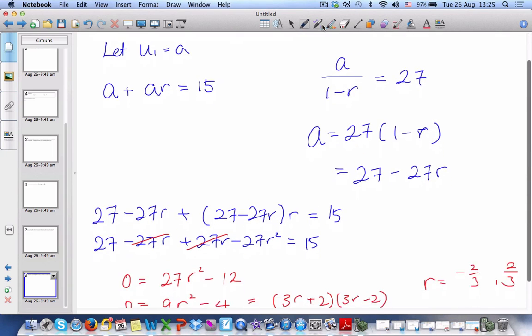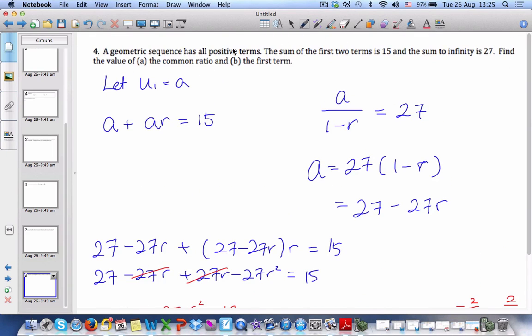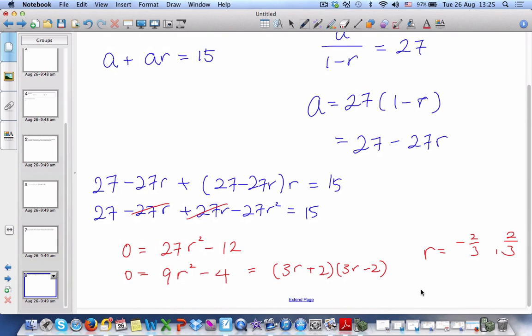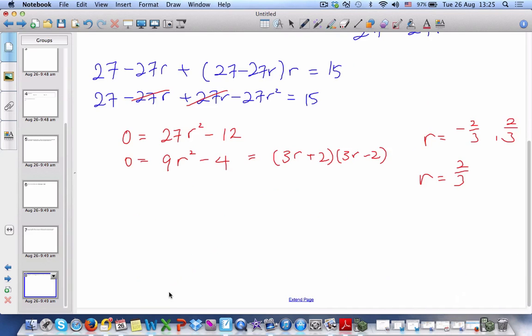and the question earlier said the sequence is all positive terms. That means R has to be positive as well, so R is 2 over 3. Okay, now that was part A. How do you know the first term? The first term, I'm going to use the equation. So we're working on B now.